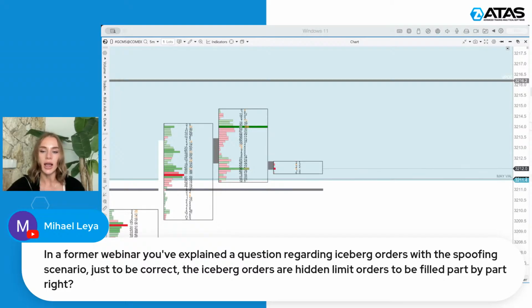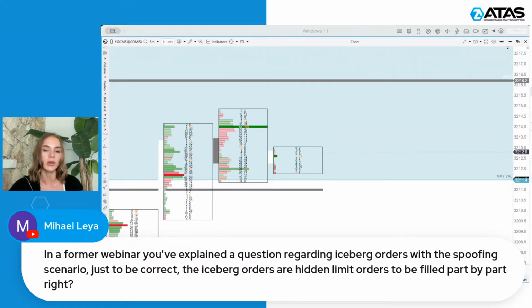Michal, the iceberg orders are pending orders. They are not hidden. They cannot be hidden. And they are visible on the depth of market. So if you pull out the depth of market and you rewatch the first webinar out of all theories, it will show you a whole bunch of limit orders on one level. This is an iceberg, but it might be removed when the price gets there.